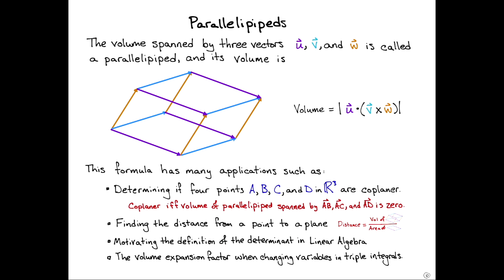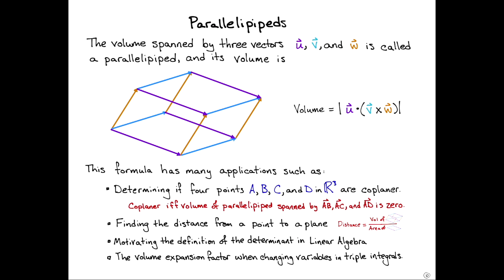We won't do much with that in this course, but you will see it later on, and it has many applications. We can use it to determine if 4 points, A, B, C, and D, in R3 are coplanar. The points are coplanar if and only if the volume of the parallelepiped spanned by the three vectors is 0.